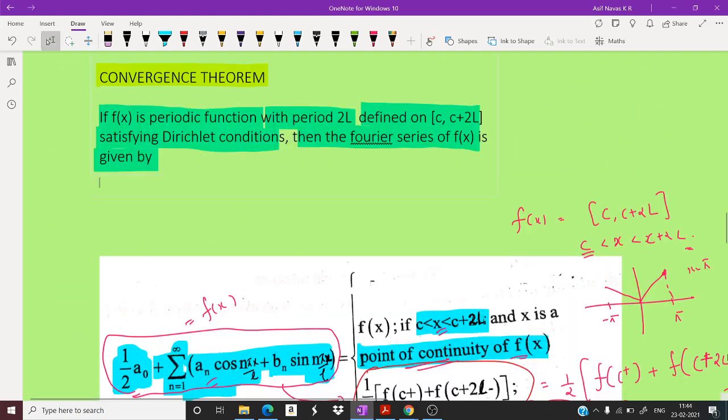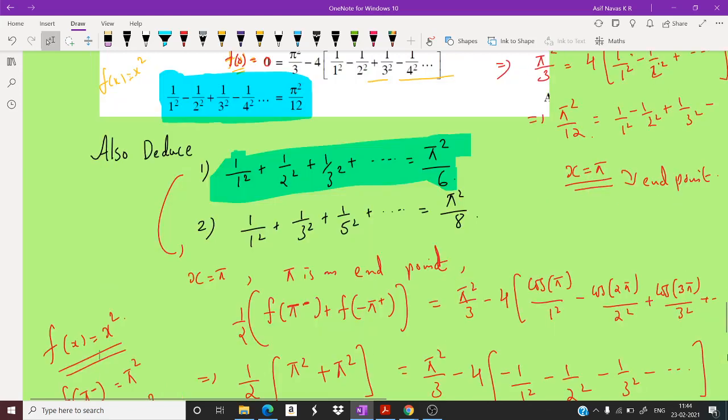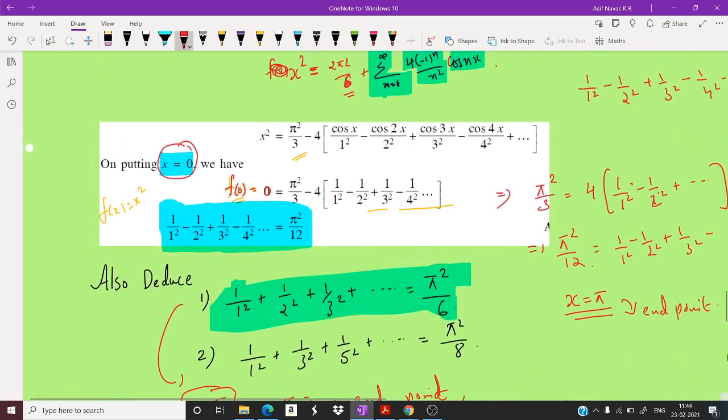So the important thing is, in order to use the convergence theorem, you have to first check whether this point is an endpoint or not. If it is not an endpoint, you can directly put that value. Here, x equal to 0 is not an endpoint, so we can directly write f of 0.